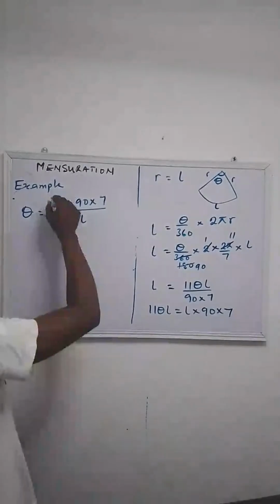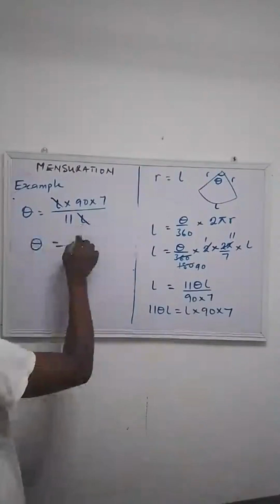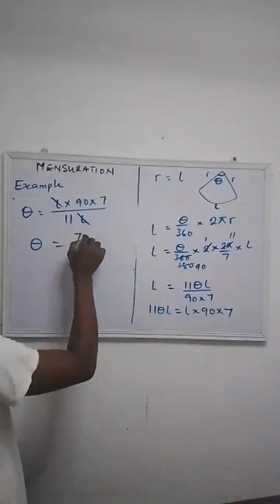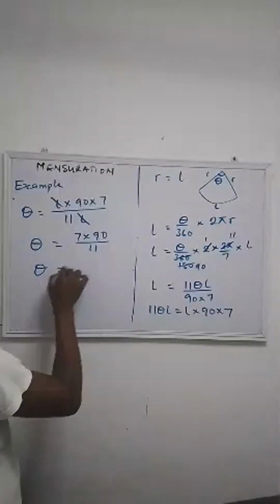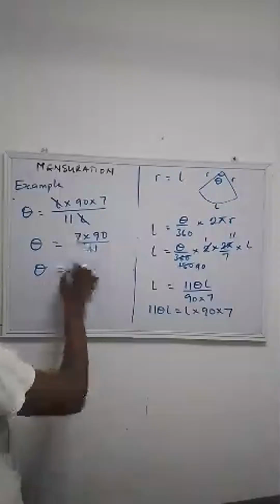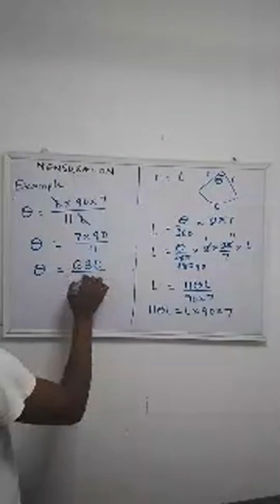So the L cancels, and we have theta equals 90 times 7 over 11, and that is 630 over 11.